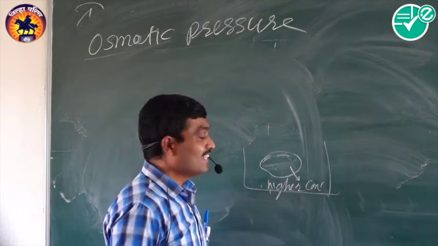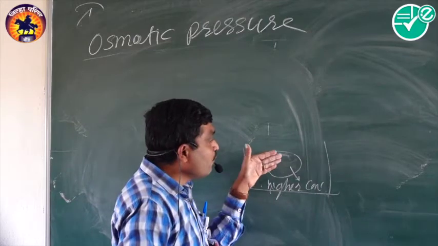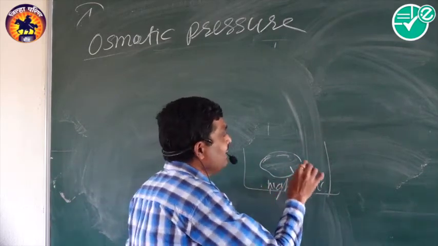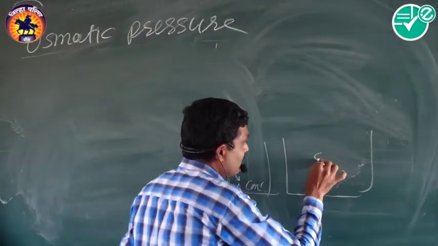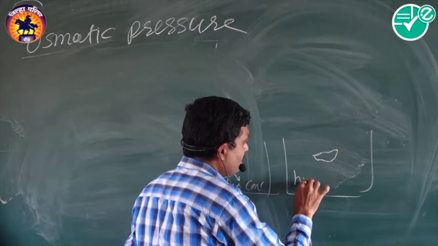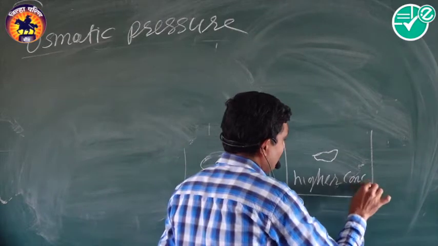This cell shrinks, because the flow is from lower concentration to higher concentration, and the shrinking of the cell takes place.